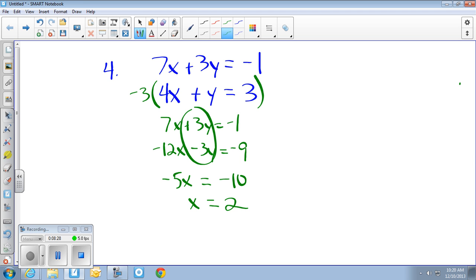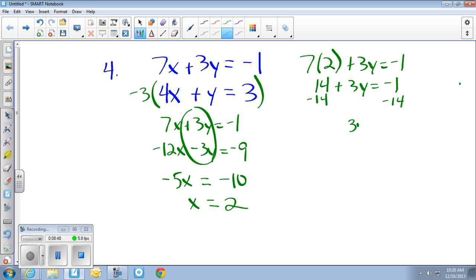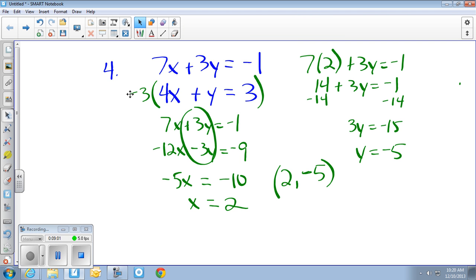Now I'm going to plug into the original to solve for my y. And y should be equal to a negative 5. So my solution is 2, negative 5.